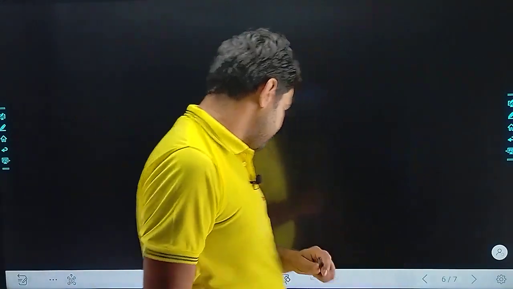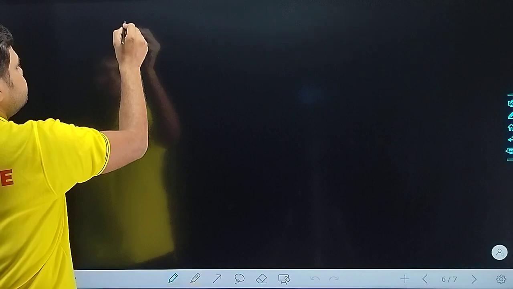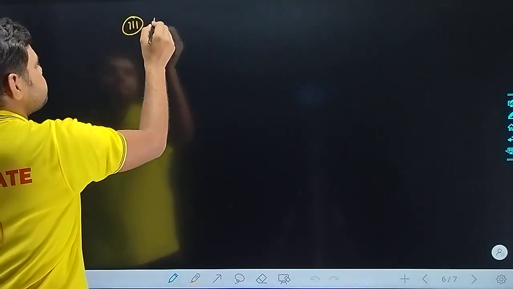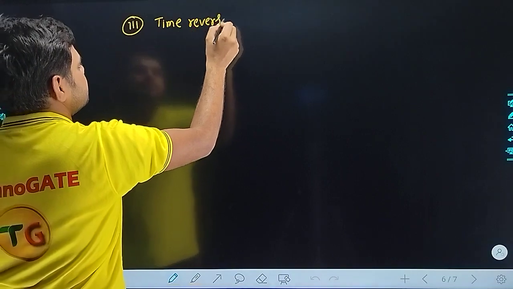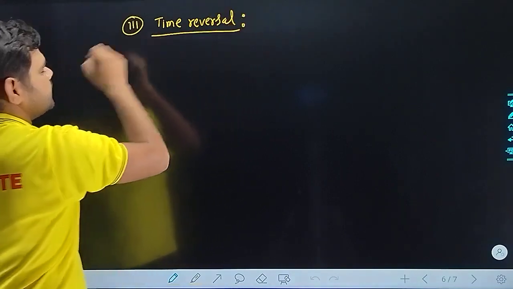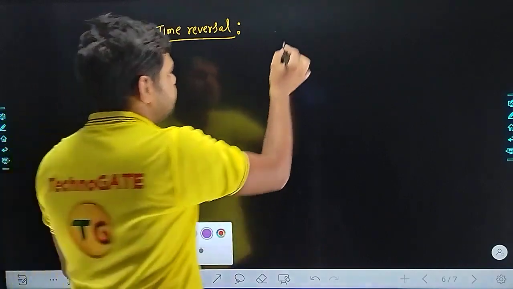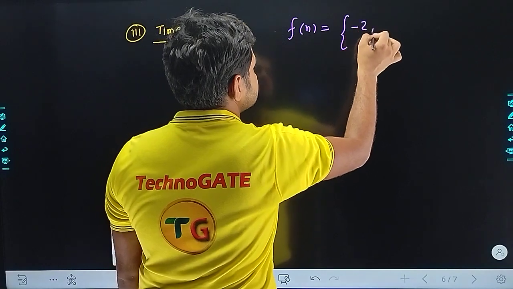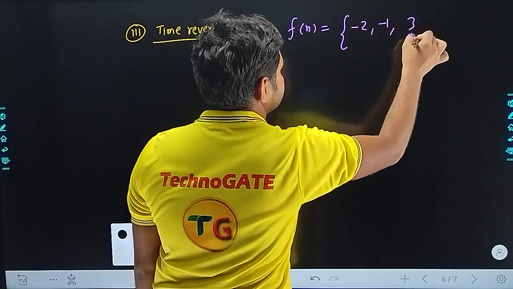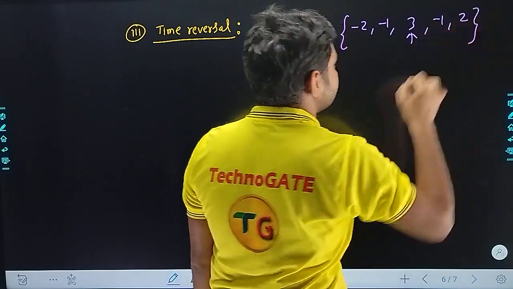Let's talk about another operation that's called time reversal. Then we will sum up today's session. Let's write here the third one, time reversal. Guys, if we talk about the time reversal operation, suppose I have taken this signal f of n: -2, -1, 3, -1, 2.